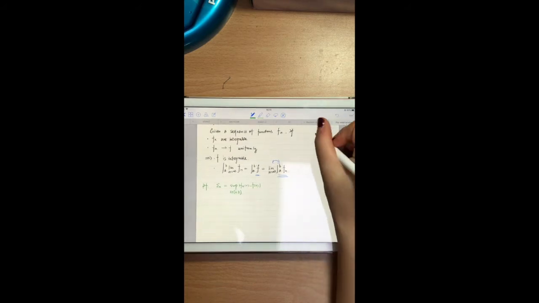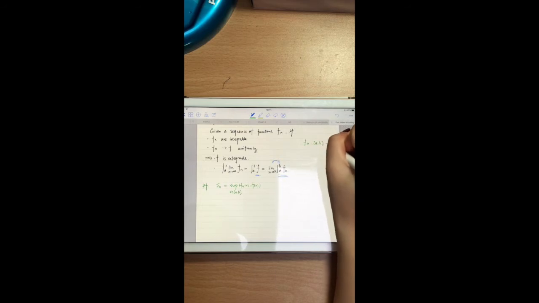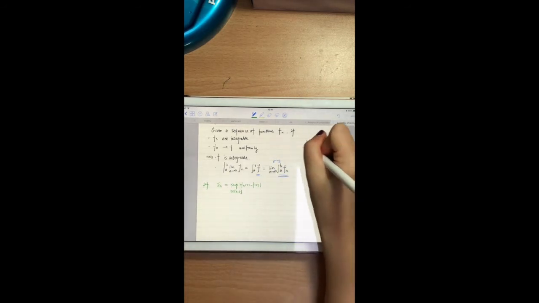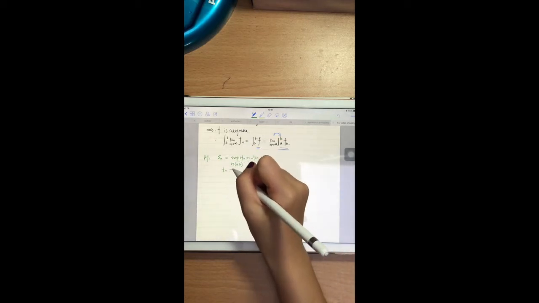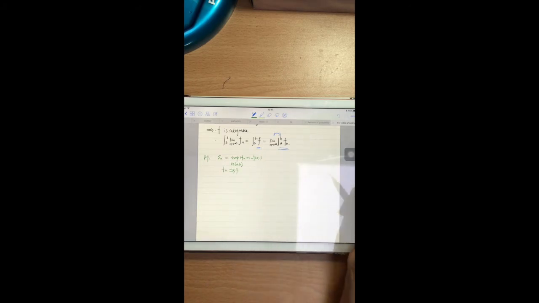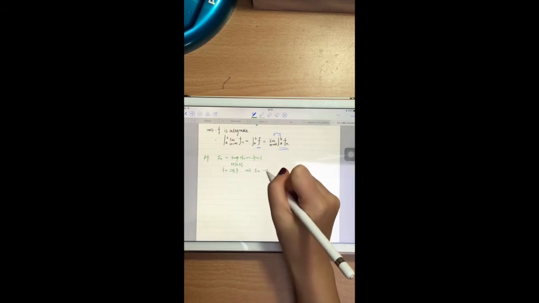So here all functions are from a, b to R. This is the assumption I forgot to mention. Okay, so you say f_n uniformly converges to f, right? So we actually know that epsilon n is going to 0.